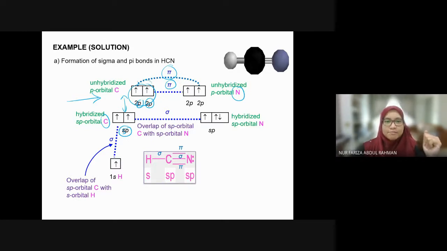That's why dia buat p ni dekat atas, hybrid ni bawah sikit. Doesn't matter if you decide to go for this one, betul, or if you go for the most common one just now, pun betul. Okay, right.